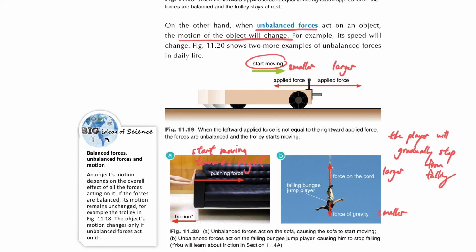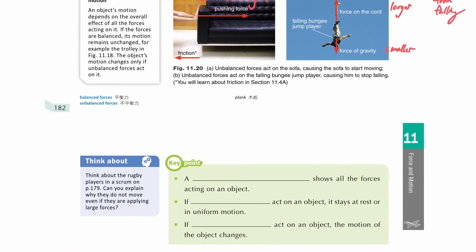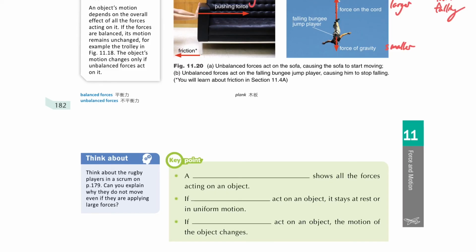So it will stop them from falling. So this is the effect of the unbalanced force. When the forces acting on an object are unbalanced, we will observe something like this.